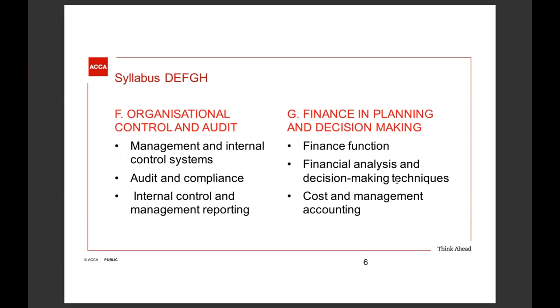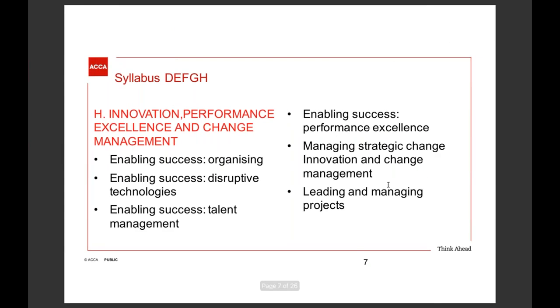And under syllabus H, you'll have innovation, performance excellence, and change management. You'll find it's all enabling success, looking into organizing, disruptive technologies, talent management, and performance excellence. This will be covered under your syllabus area H.